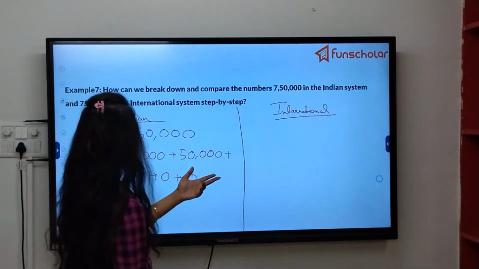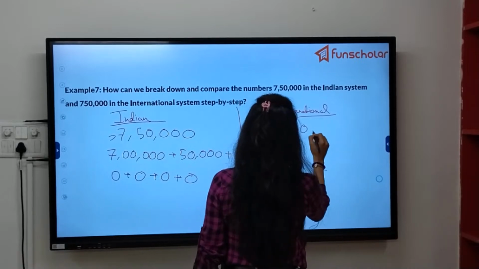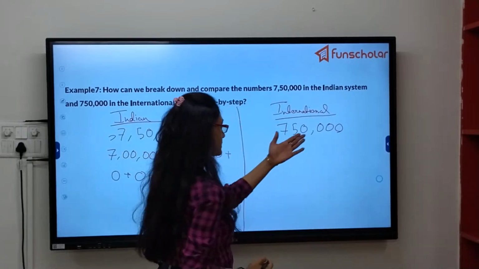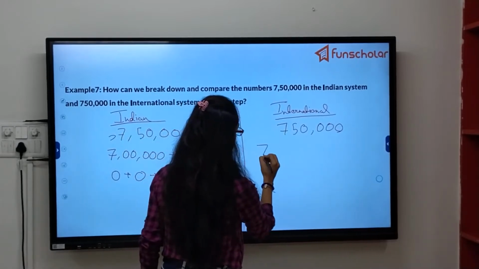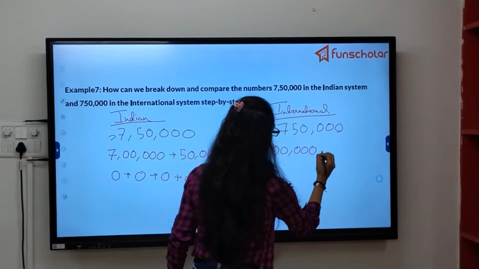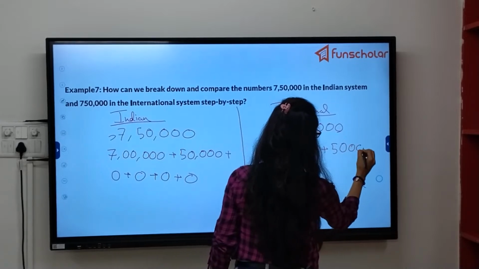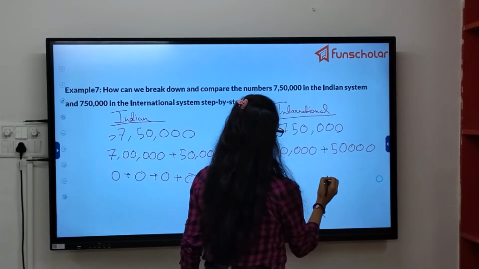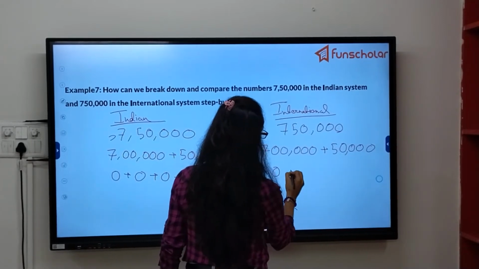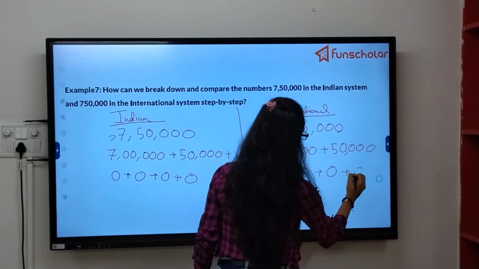And in international it will be 750,000. So similarly you can write it as 700000 plus 50000 plus 0 plus 0 plus 0 plus 0.